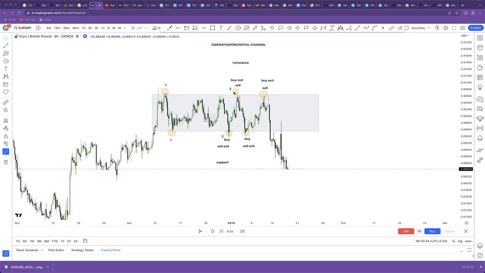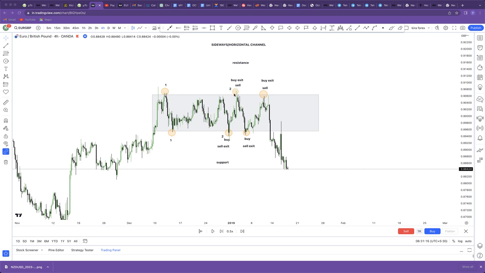You can actually start selling from the second touch on the resistance, and also after the first touch on the support, you can start buying on the second touch, unlike the uptrend and the downtrend channel. So here we have the first touch, and then on the second touch we sell.